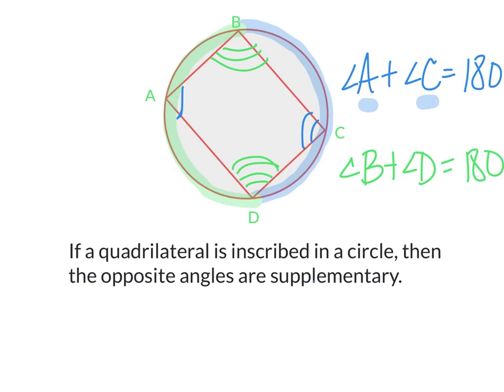So if I had this arc plus this arc, they add up to 360, and each one of these angles is equal to half the arcs. And so if I added up half of one arc and half of the other arc, I take half of 360 and I get 180. So the opposite angles are supplementary. Opposite angles are supplementary whenever you have a quadrilateral, a four-sided figure, inscribed in the circle, which means all four vertices are going to be on the circle.